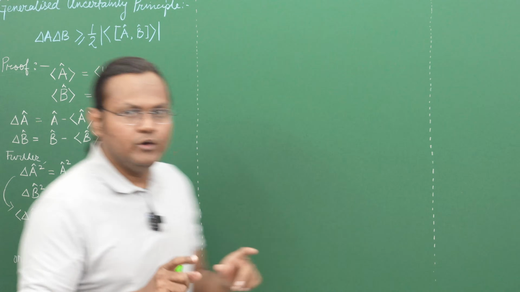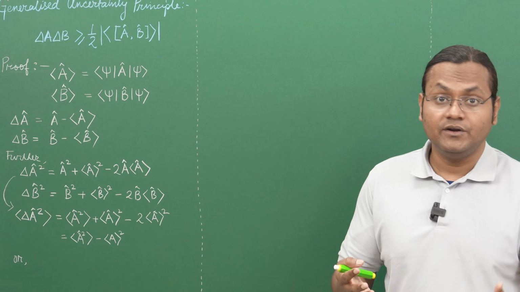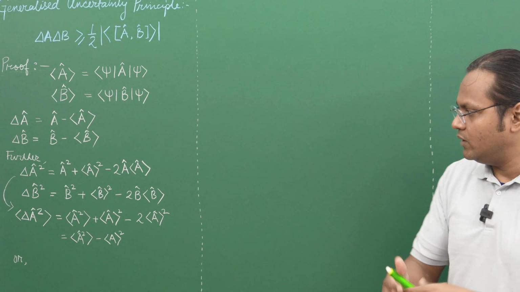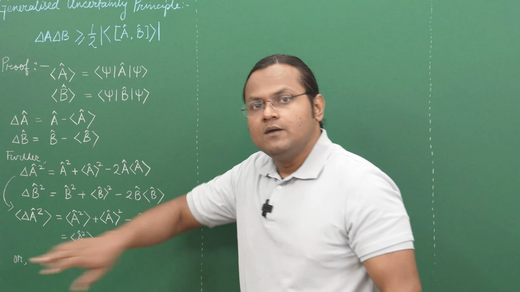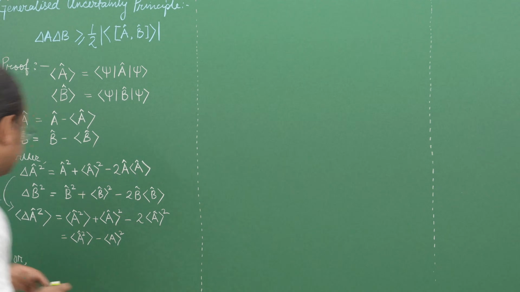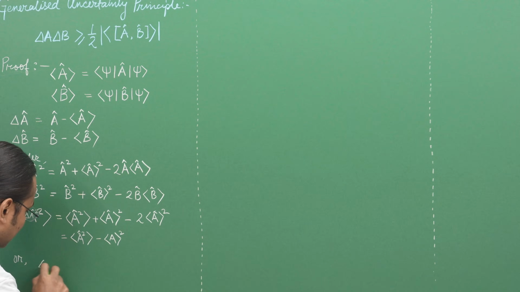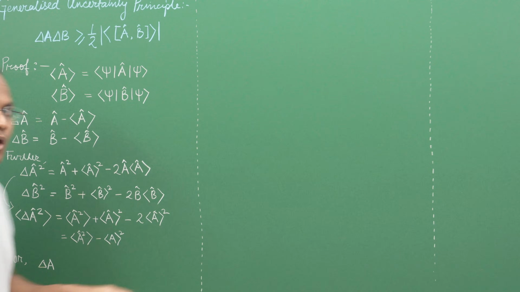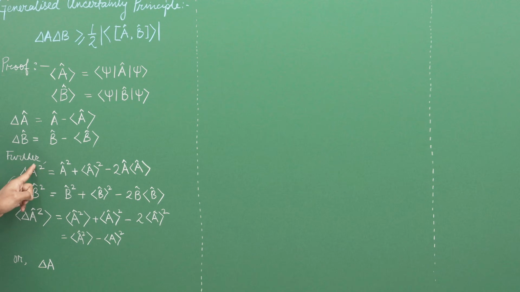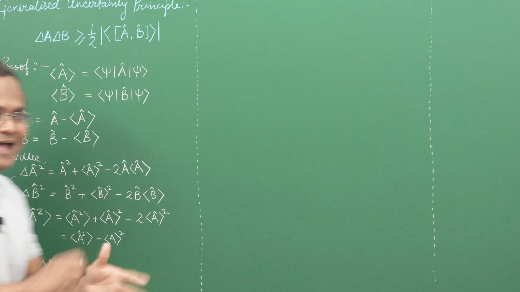Now, here I want to introduce the actual uncertainty associated with the physical quantity. This is nothing but the uncertainty operator squared. But if I really want to find the uncertainty associated with the actual physical quantity, you can distinguish between the physical quantity and the operator in the sense that the operator is going to have a hat, the physical quantity won't have any hat.